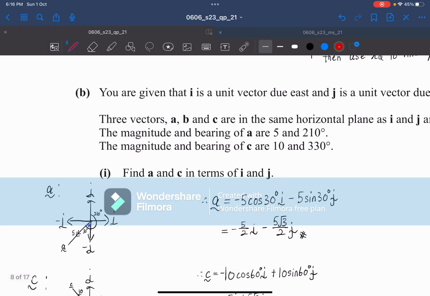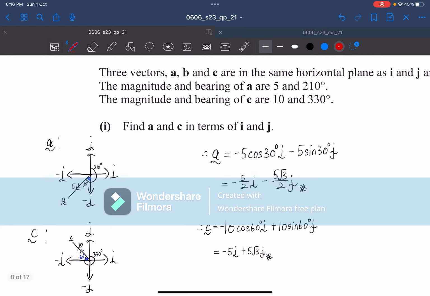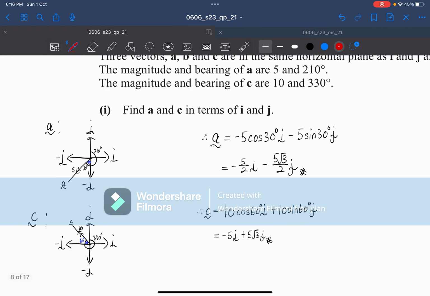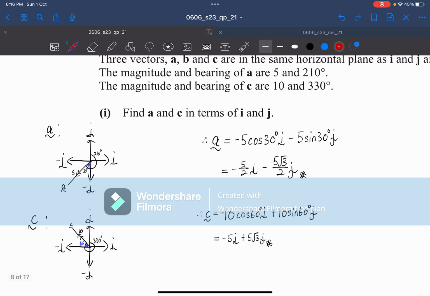So they said j is due north and i is due east. And we know that the way we measure the bearing is by measuring it from north, right? So if I want to find what, let's say, C is, or maybe the K, we have to measure it from north.